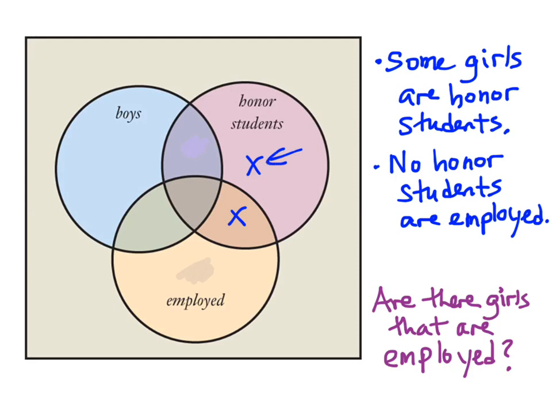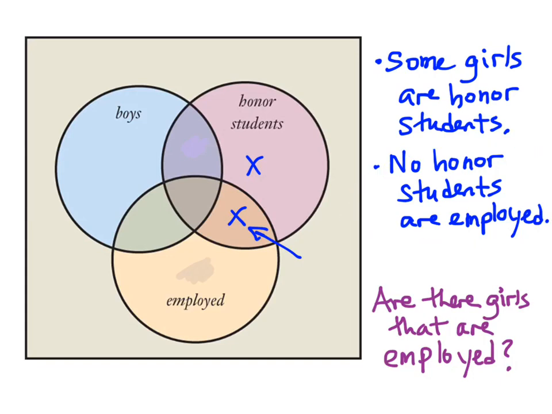Can we put an X in either place? Well, this first X would be girls who are honor students who are outside of that group of employed people. So those would be the unemployed female honor students. And then this X would be the employed female honor students. And that's where the second statement comes in.